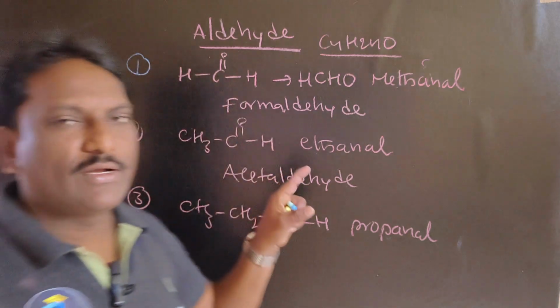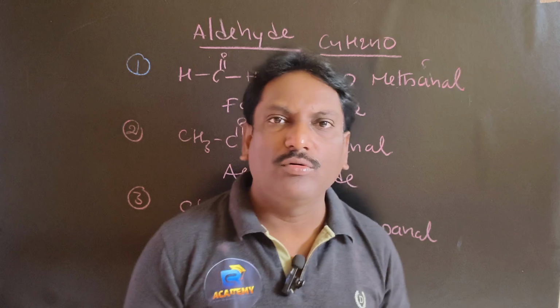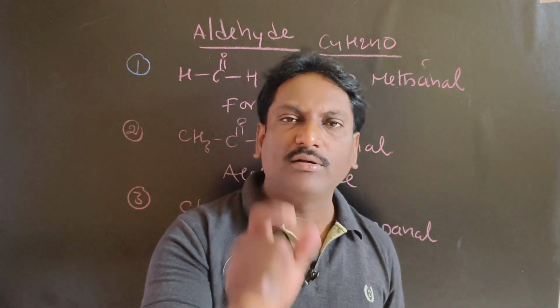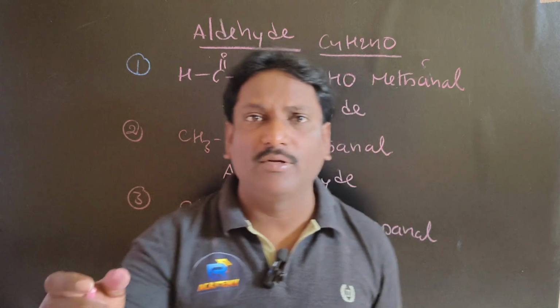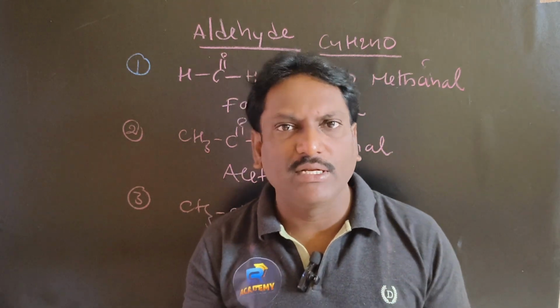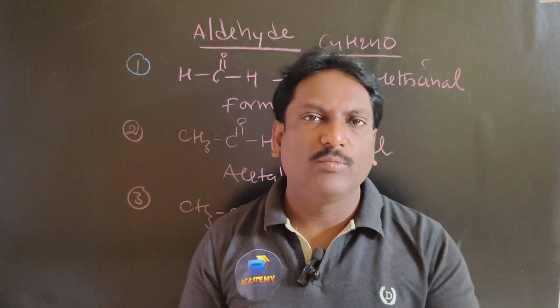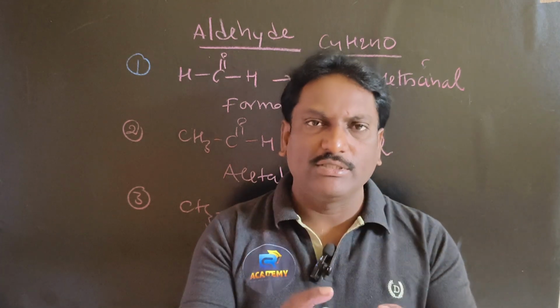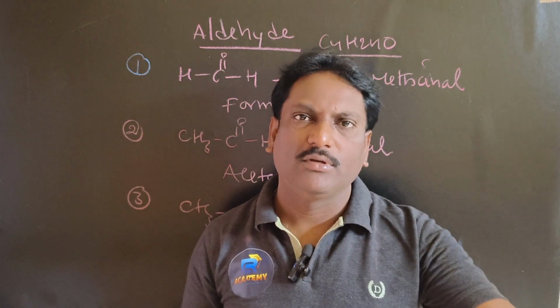So listen to me while writing aldehyde structures. The C double bond O group must be present on the terminal carbon, the end carbon. So the C double bond O group must be present between a hydrogen atom, or between carbon and hydrogen. One more point: the C double bond O group is always present at a terminal carbon.